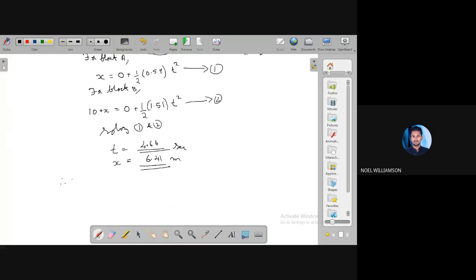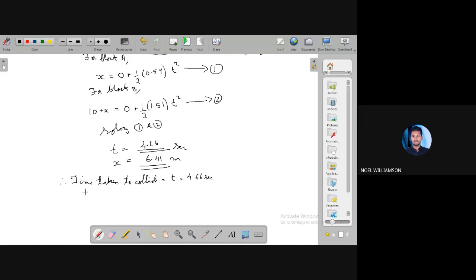Therefore, the time taken to collide is equal to t, which is 4.66 seconds.